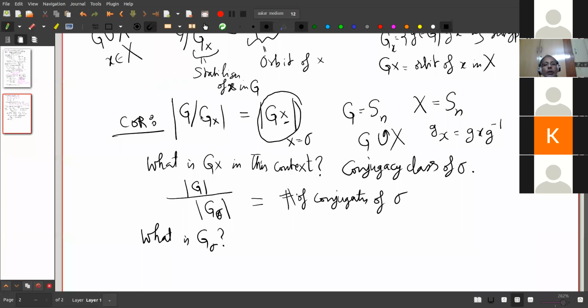So this is G sub X, and this is G sub sigma. The normalizer of sigma? The centralizer of sigma, which is all those elements that commute with sigma. That is the language we used, right? Okay, so this is by definition. Let us look at this definition.